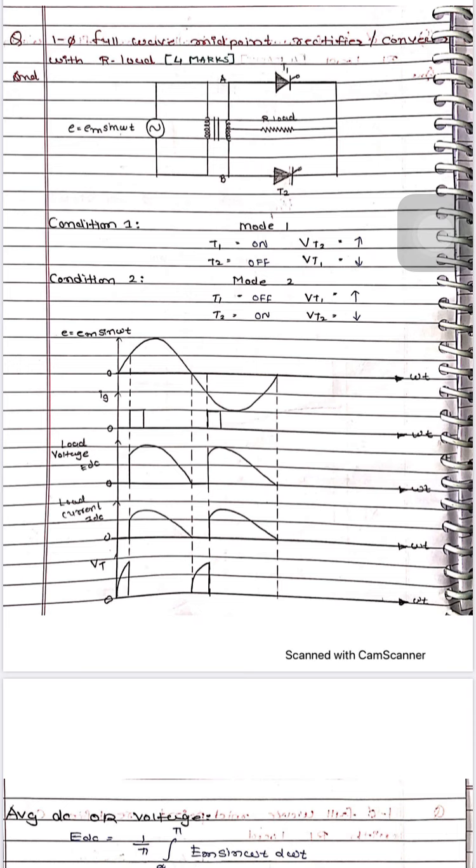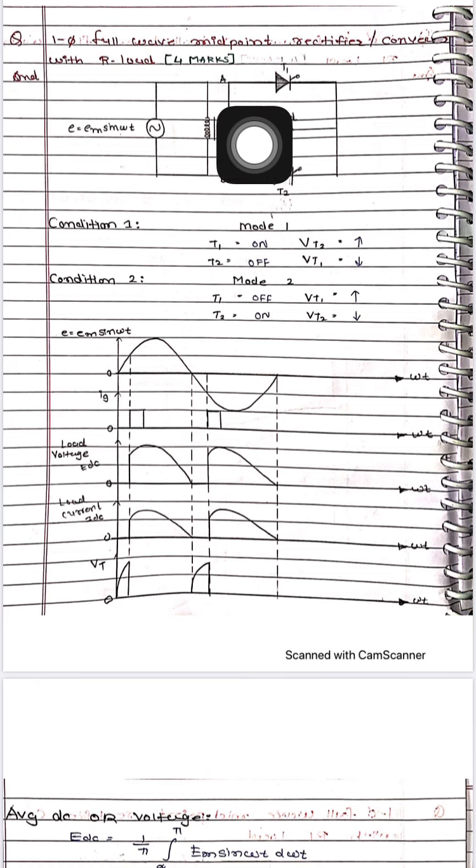Now here we actually have 4 modes of operation, but we consider one condition, that is mode 1 when T1 is on and mode 2 when T2 is on, right. When T1 is on, T2 is off, and when T2 is on, T1 is off, right. So both will give you continuous control across the resistive load.